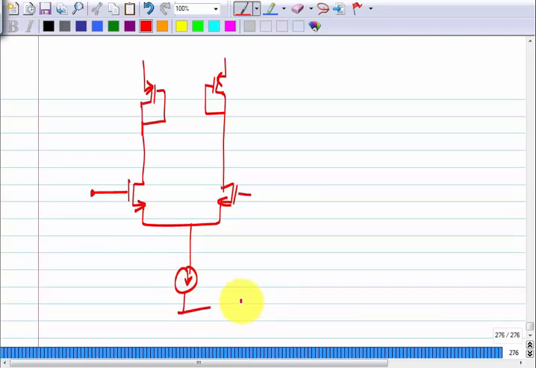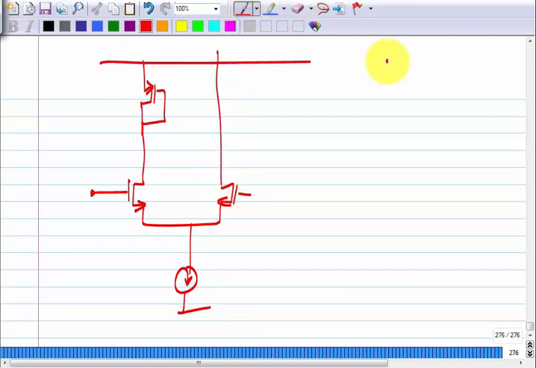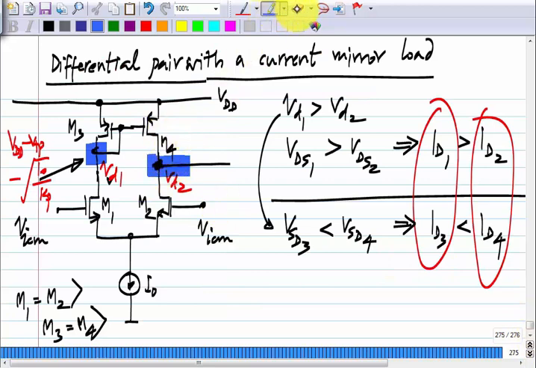But actually, the way I drew it, if I do that, the currents will be slightly different. Okay. So, the current here will be slightly more than the current there, but the point I was trying to make was something different. Once you know this current, you can find this voltage, whereas in this particular case, you can't find this voltage very easily. You have to invoke the symmetry argument to say that this will be the same as the other side.